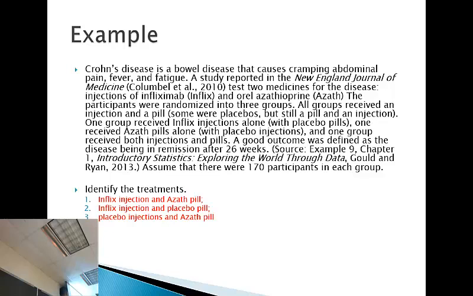Injection, pill, injection, placebo, placebo injection, pill. Technically, there's one placebo injection, placebo pill, but I guess they said, no, let's not do that. That's fine. Because you could argue that you already have current data on what it's like to have, that's your control group, right? No injection and no pill.